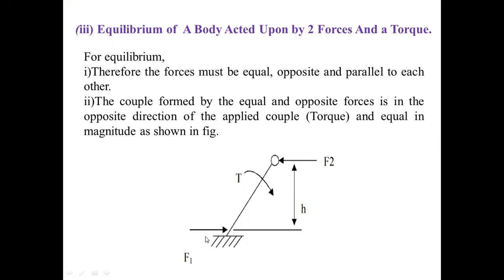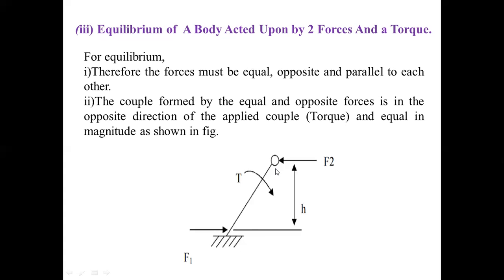F1 is acting in the rightward direction and F2 is acting in the leftward direction. The couple produced by F1 and F2 is in the counterclockwise direction, that is in CCW.